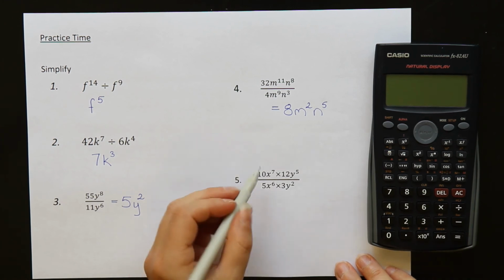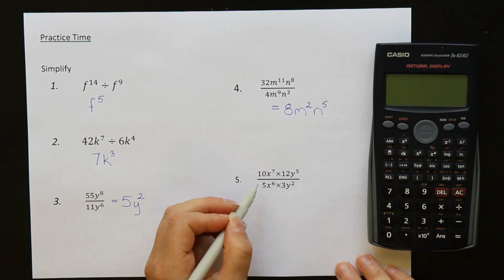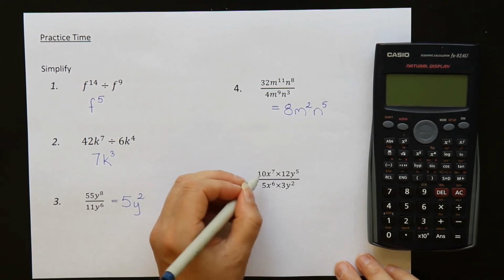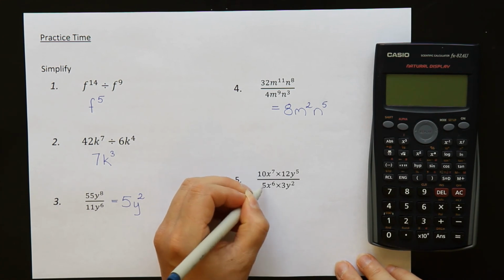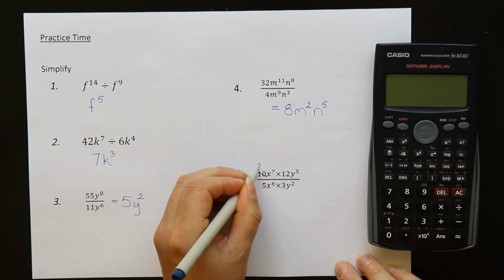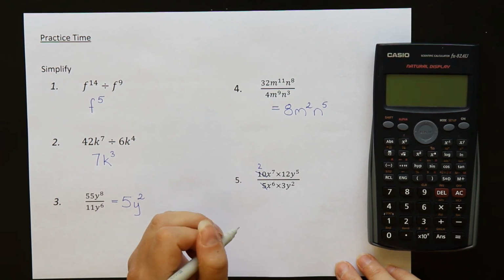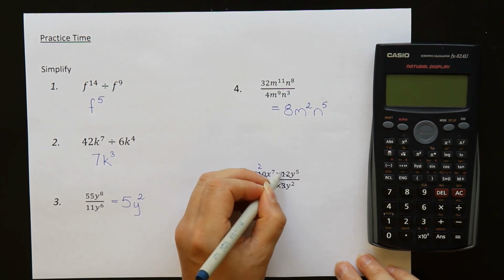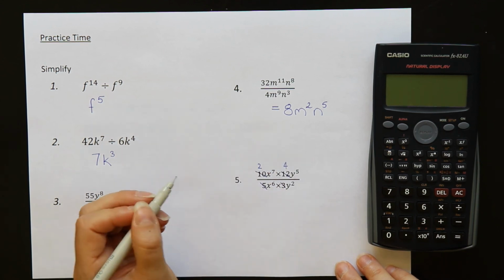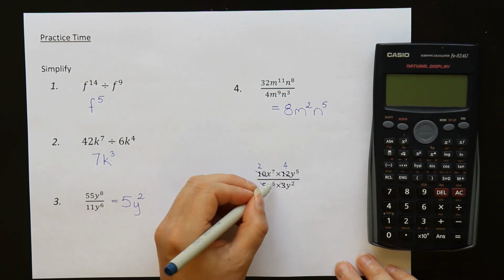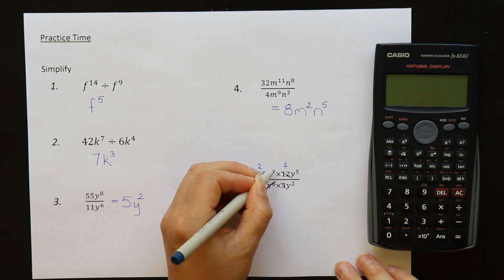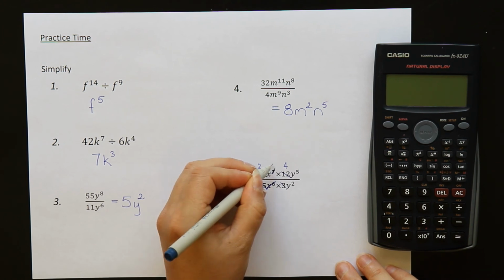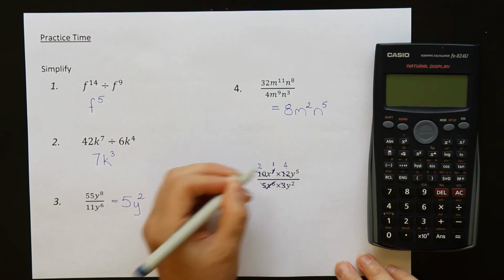And one more. Got lots of numbers in here, so this time we'll try to do our cancelling first again. So 10 divided by 5. We can do that and get a 2 up here. 12 can be divided by 3 and give us a 4. We could cancel off all 6 of those with 6 of those and have 1 of those left.